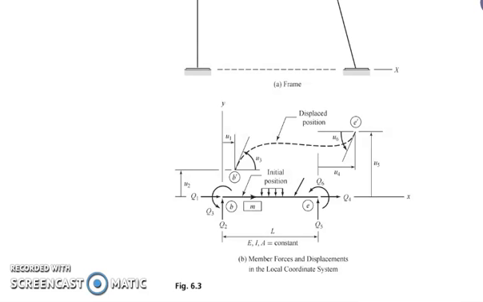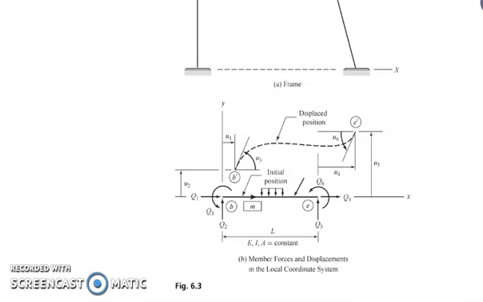Of course, we have the internal axial force, we have the shear force, and we have the moment force. Which means that for every member, there are actually six degrees of freedom.